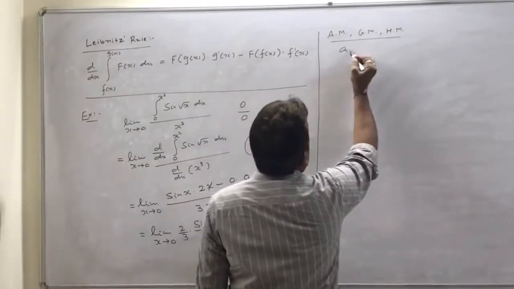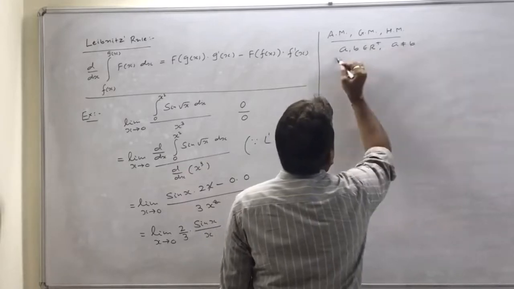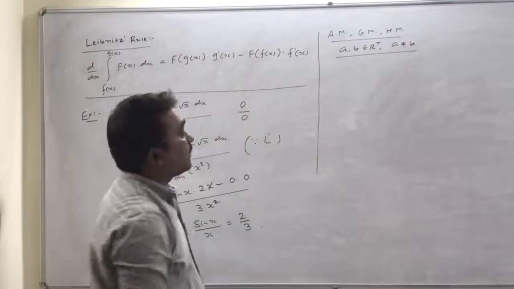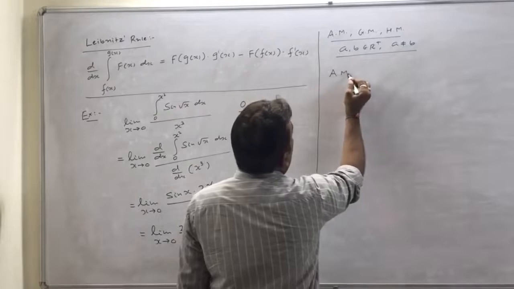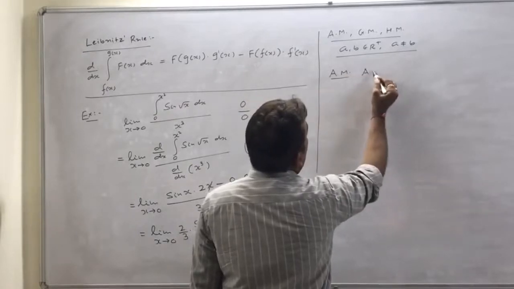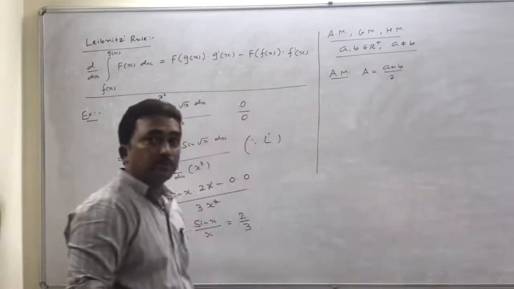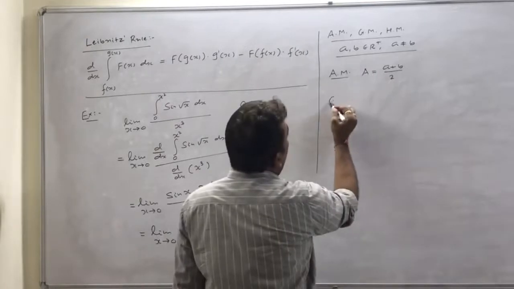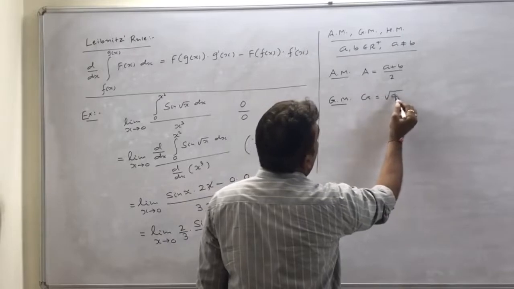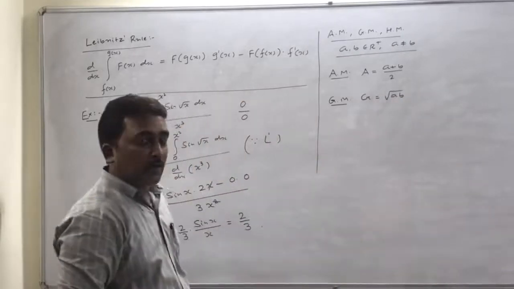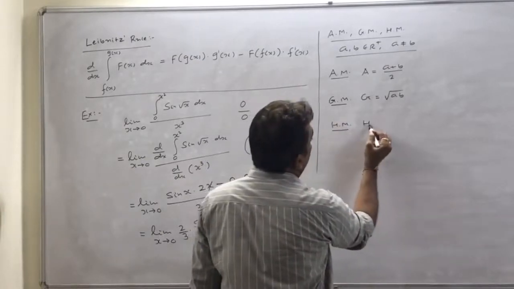For a, b belonging to R plus and a not equal to b, capital A is the notation for the arithmetic mean of a and b, and it is (a plus b) by 2. Geometric mean is denoted by capital G, and it is root ab. And harmonic mean is denoted by capital H.